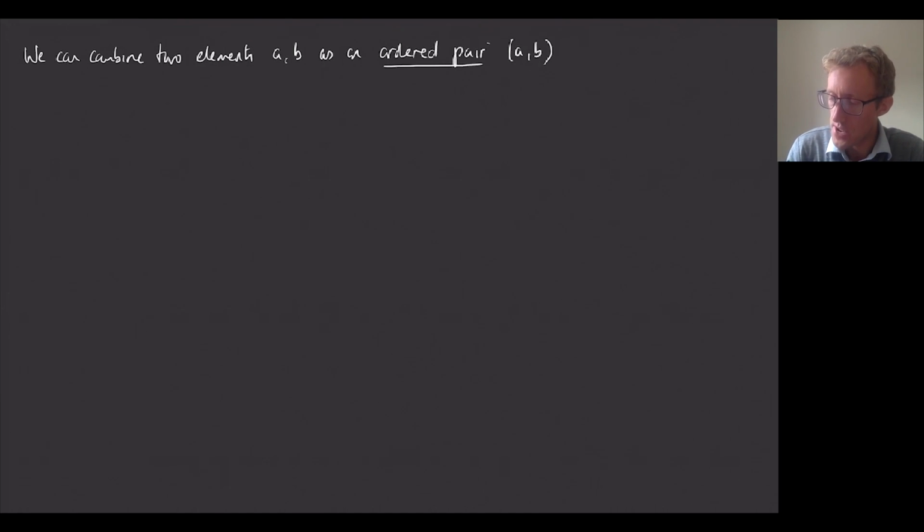So this is not the same as saying the set containing a and b. We could have combined a and b into a set that would have been written with curly brackets. But if we write it like this, it means it's an ordered pair. And this is an example of where we have duplicate notation, meaning completely different things. On the previous slide, I defined (a, b) like this as meaning an open interval on the real line. Now this is something completely different, but we're just using the same notation, and we have to understand from the context what the different notation might mean.